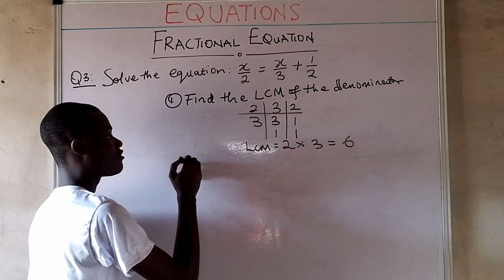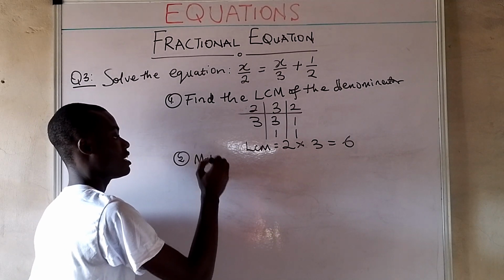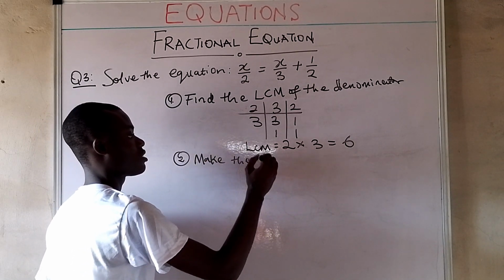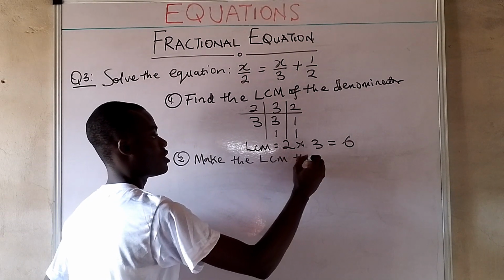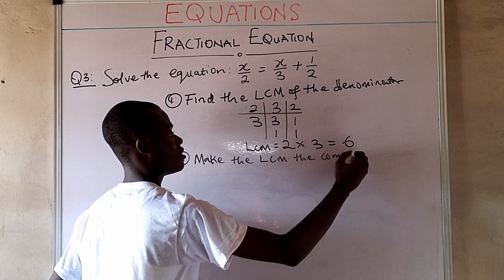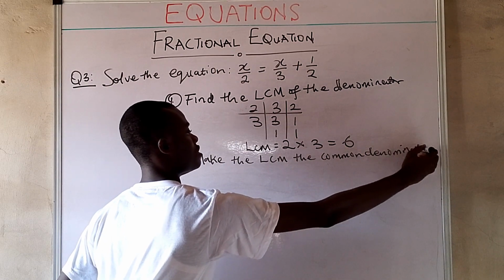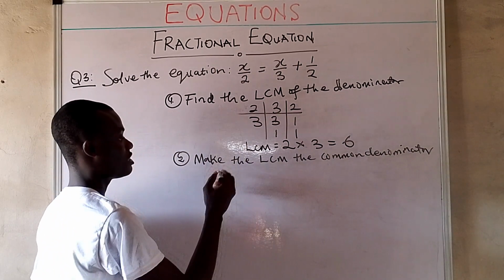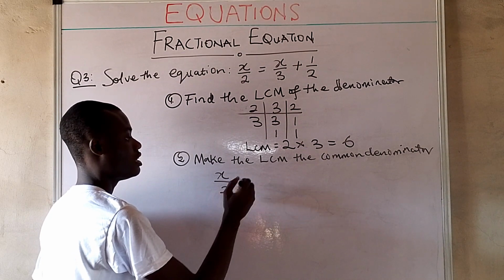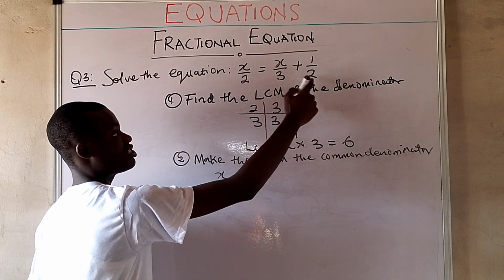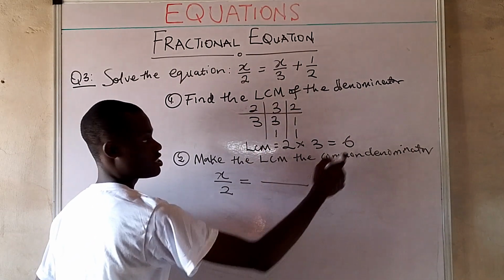When you have done that, you make the LCM the common denominator. So now we have x over 2 is equal to, the common denominator of these two is 6 from our calculation.